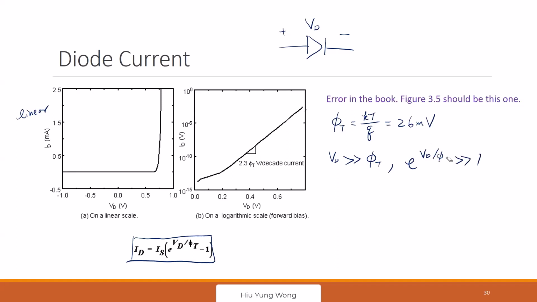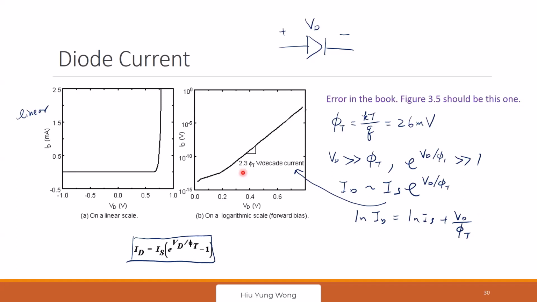So your ID is just IS e to the power VD divided by phi t. That's why it's a straight line. If I take the log scale, log ID equals log IS plus VD divided by phi t. So it's linear.